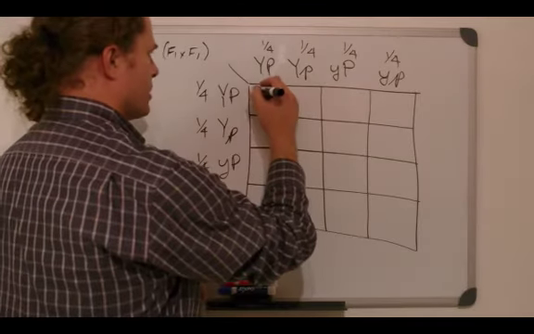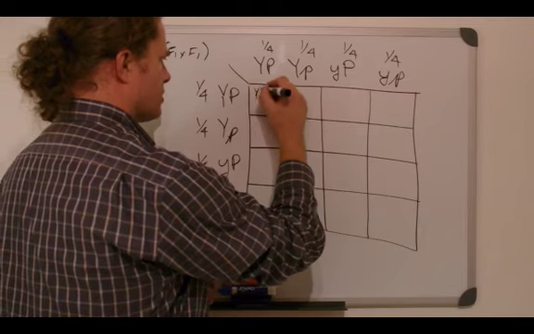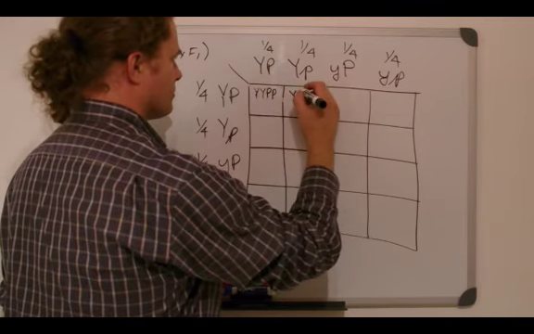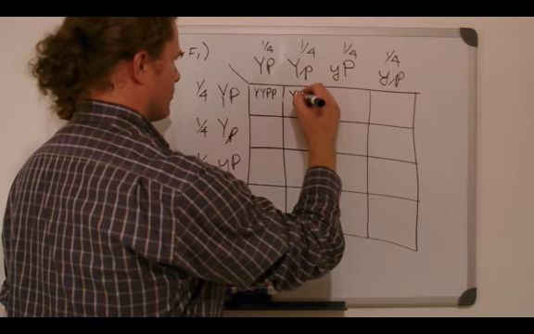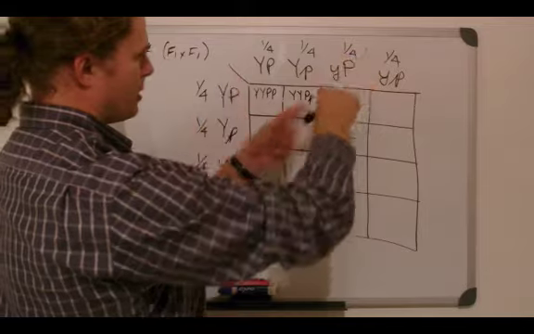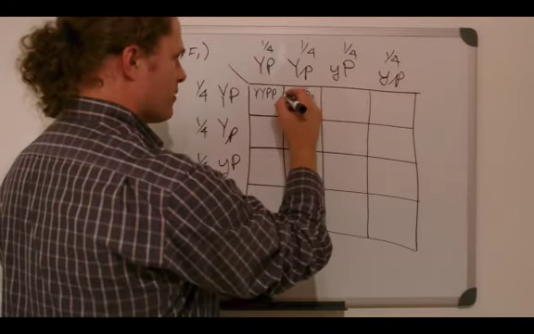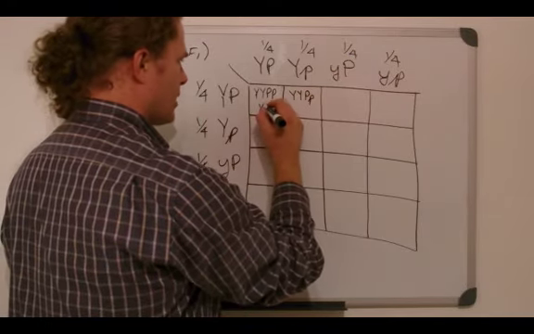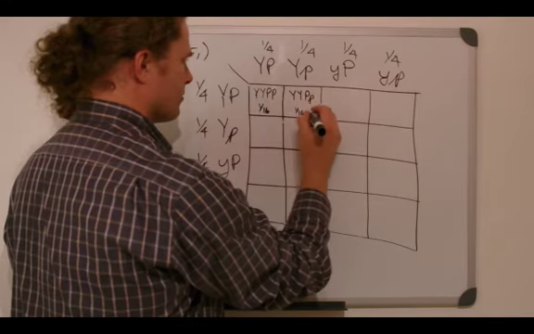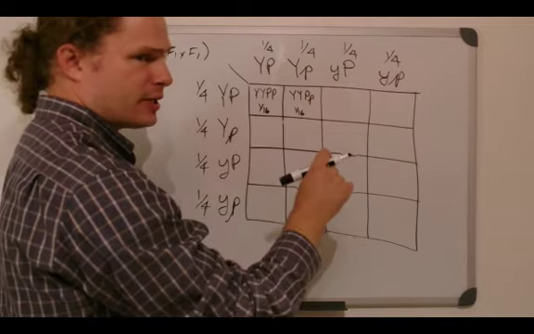What you can then do is go through and fill in the entire Punnett square. And all you're simply doing is combining the different gametes as you go. Each one of these squares has a probability of 1/16. They will also have different phenotypes.